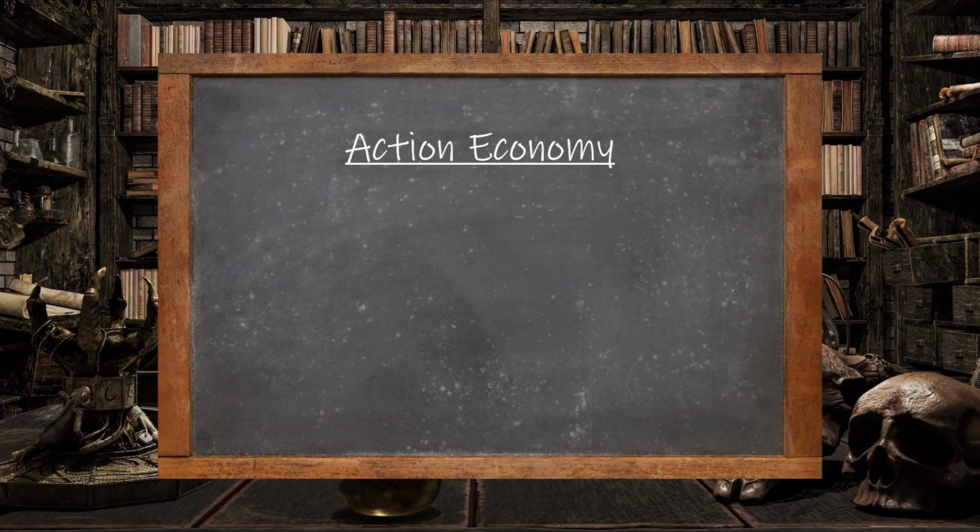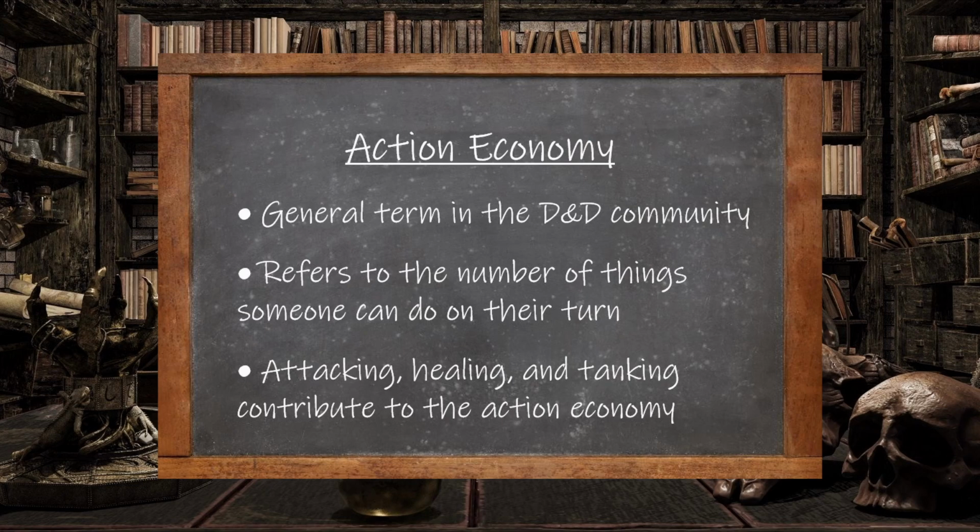Action economy is an overarching term used by the D&D community to refer to the number of things a character or monster can do in one round of combat. As D&D players, we want to maximize the impact of our combat turns in productive ways by doing things like damaging our foes, minimizing damage to allies, or healing back lost health.